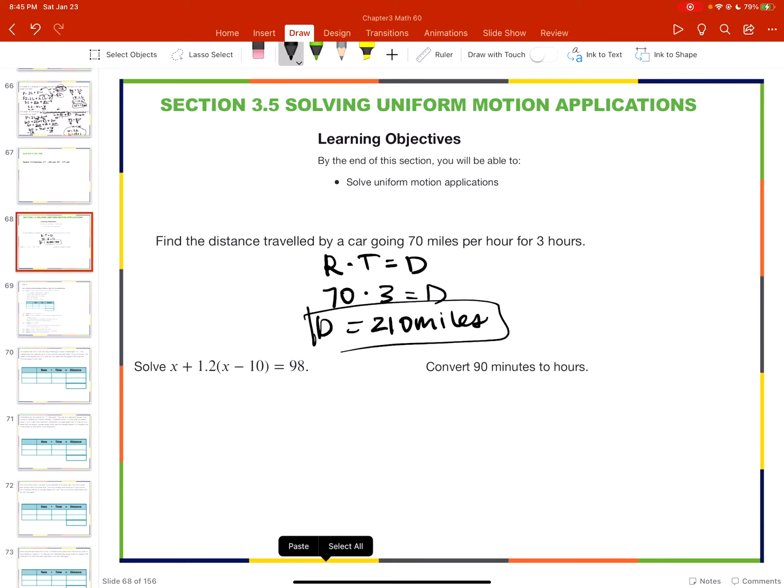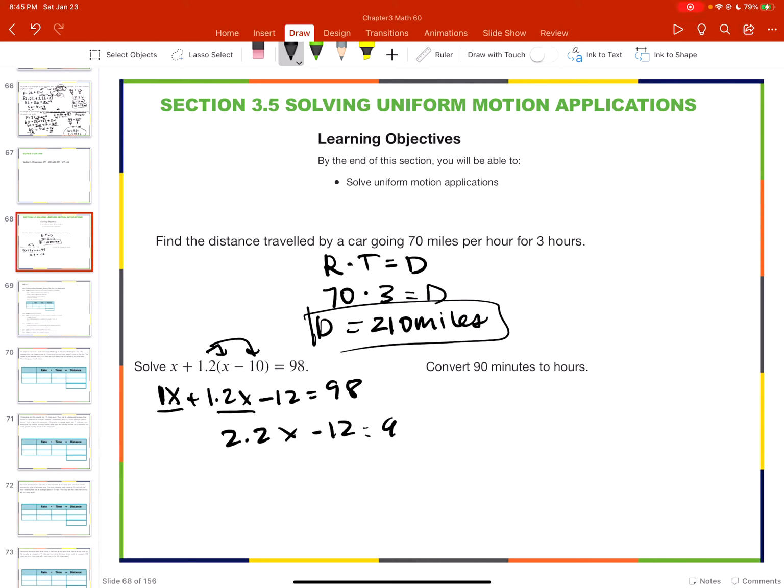And then let's go ahead and practice solving for x here. We have x plus, and we distribute, 1.2x minus 12 is equal to 98. Combine these like terms: 2.2x, because this is an invisible one here, minus 12 is equal to 98. We're going to add 12 to both sides, 2.2x is equal to 110.